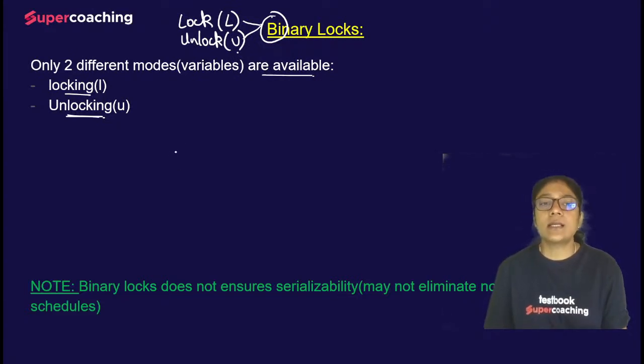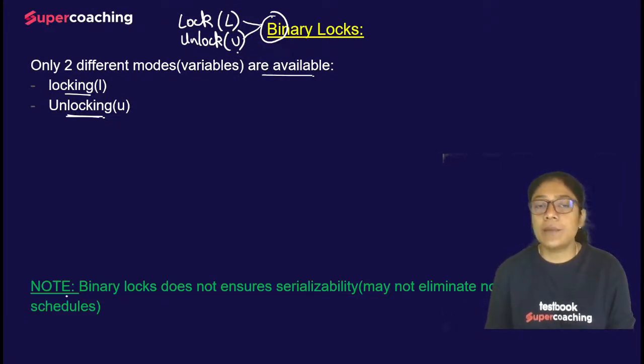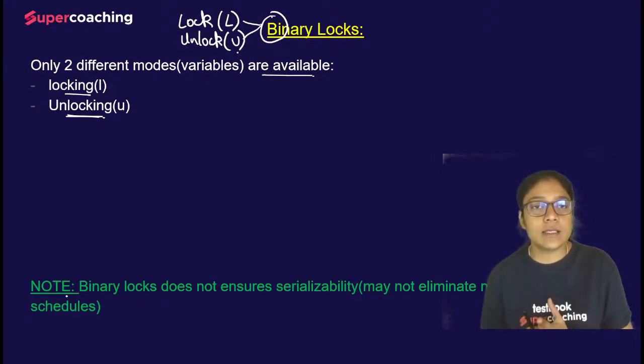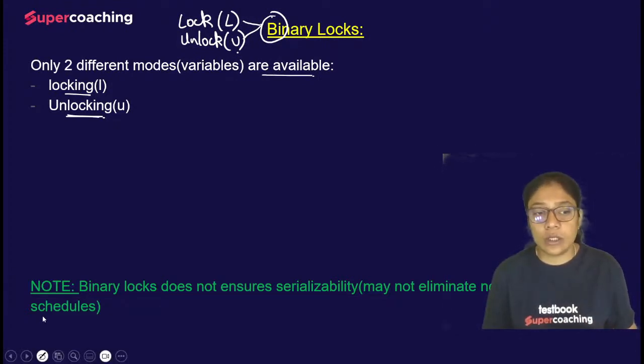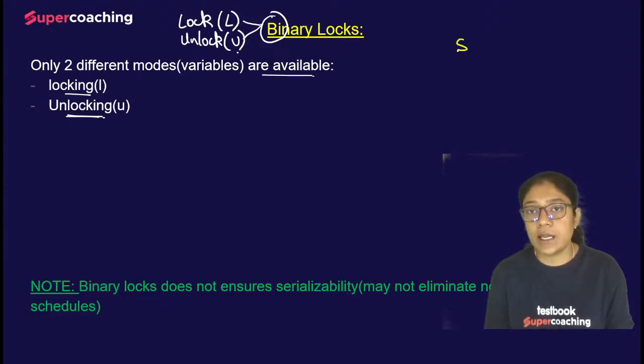Now here let us consider one example. We said that whenever we go for concurrency, your schedule should be serializable as well as recoverable. Let us consider some schedule here. This is the schedule with two transactions, T1 and T2.